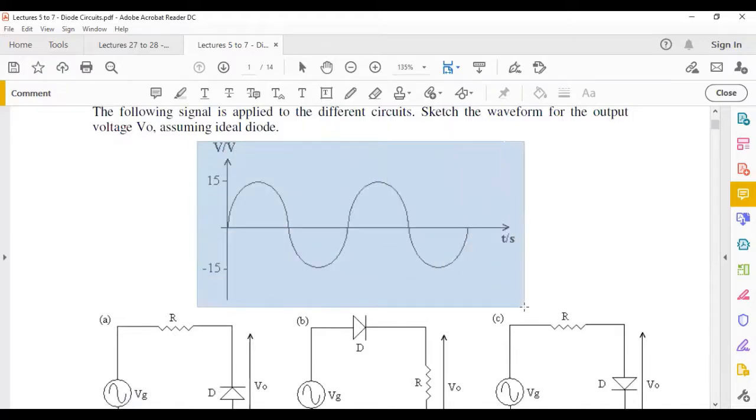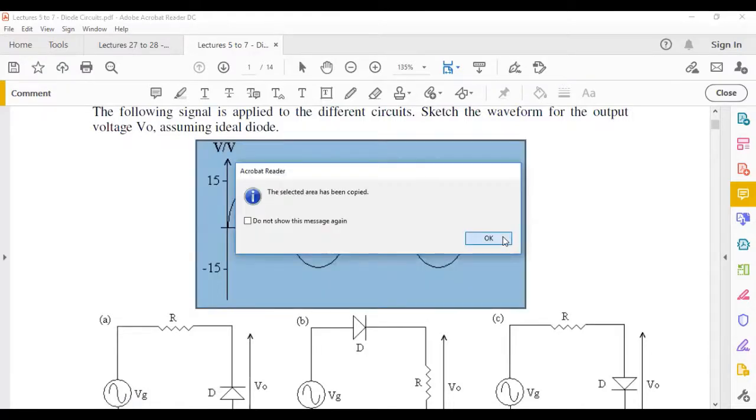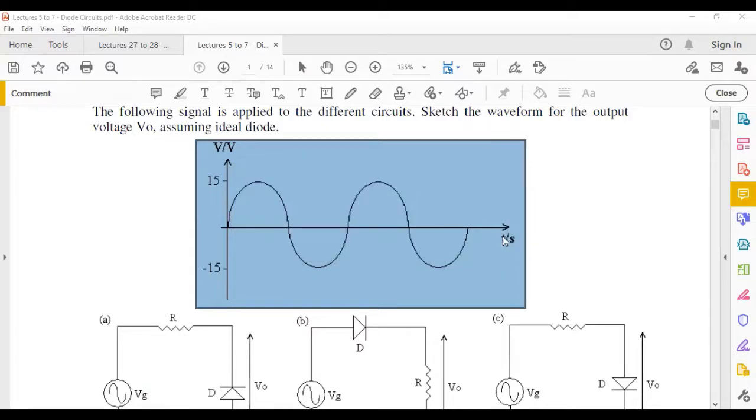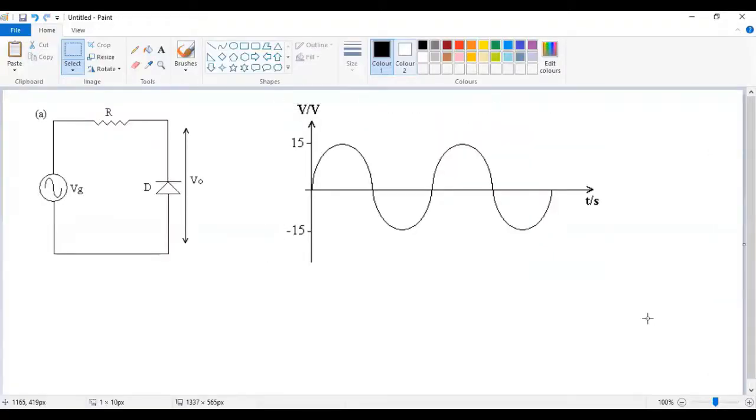So this is your input waveform, which I'm copying again to Paint. Okay, so now I'm just sharing the screen for Paint. Okay, so this is the waveform, and we've done that in class. Just a small recap, so we can build on that.